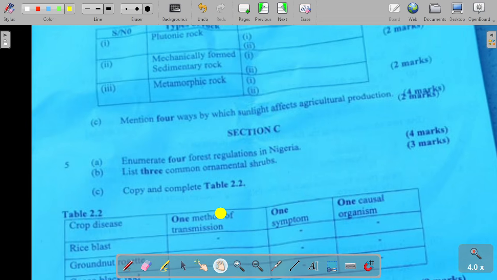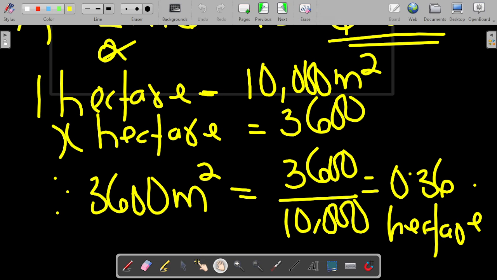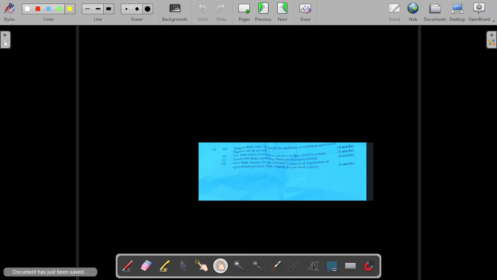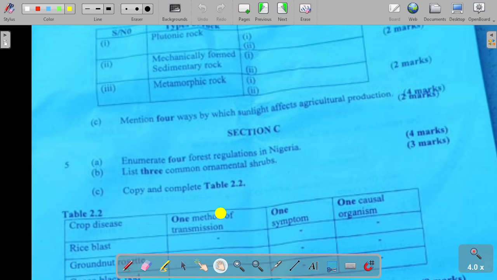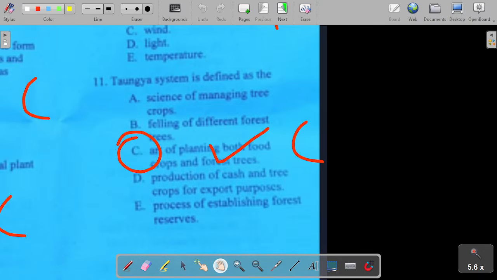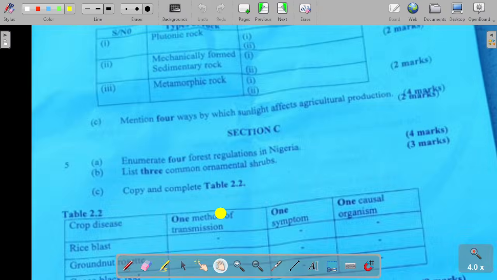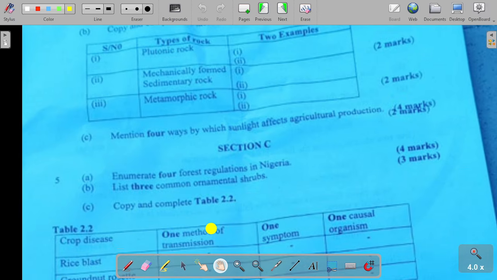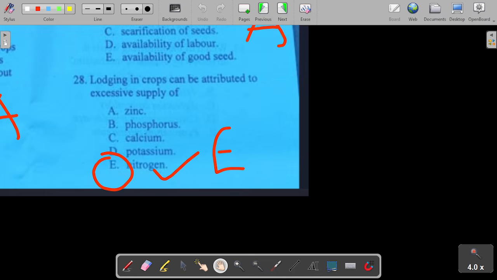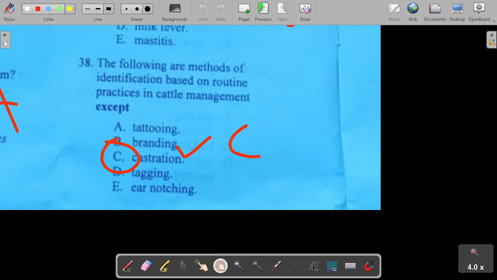Here is question 4. Let me check from my end here about question 3.